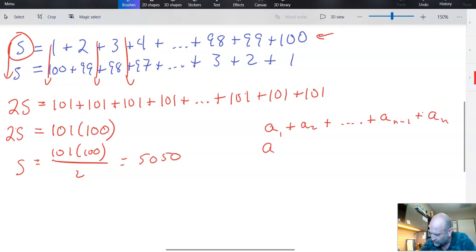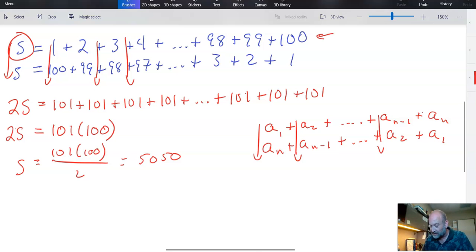And then we did the other one from this end, a_n plus a_(n-1) plus dot dot dot plus a_2 plus a_1. And what we found, and this is what makes it unique to the arithmetic sequence, is that with an arithmetic sequence, all of these sums are the same number, right? No matter how you add them, it comes out to the same number, and that number ends up being a_1 plus a_n.